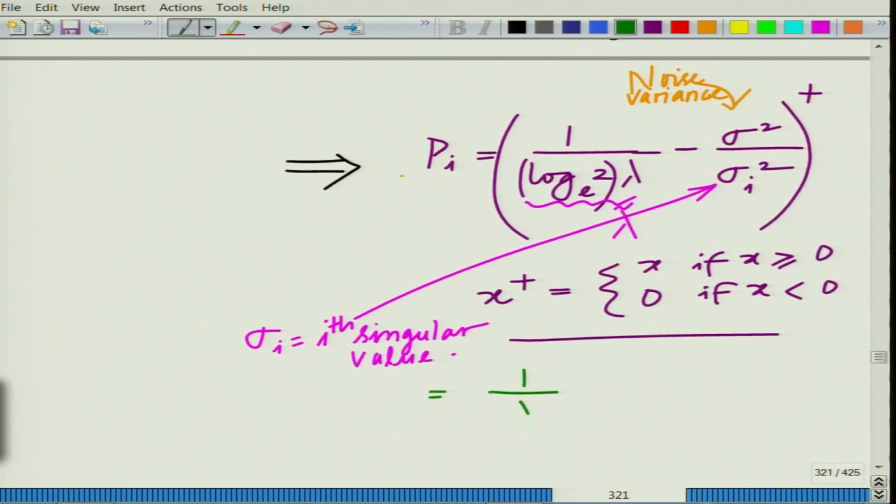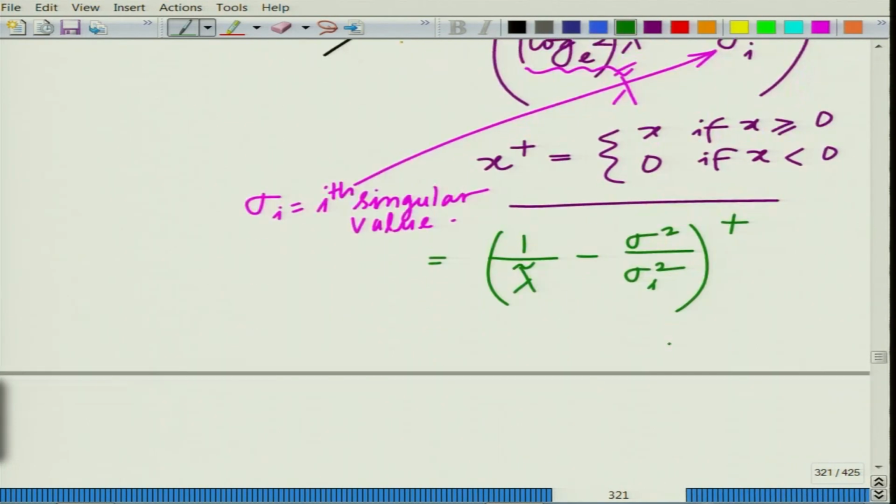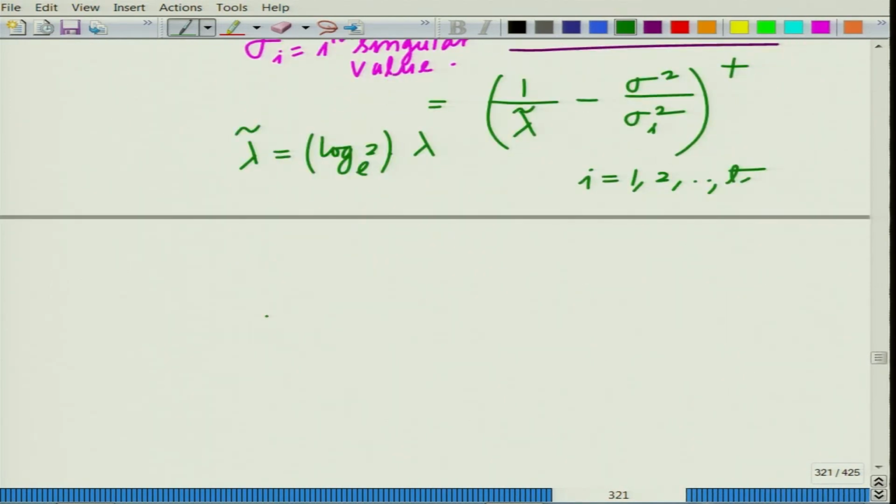So, you can write p_i as 1 over lambda tilde minus sigma square over sigma_i square, plus, okay, and this is for i equal to 1 to t, where lambda tilde equals log 2 to the base e times lambda. And of course, now we ask the question: how to determine lambda tilde?